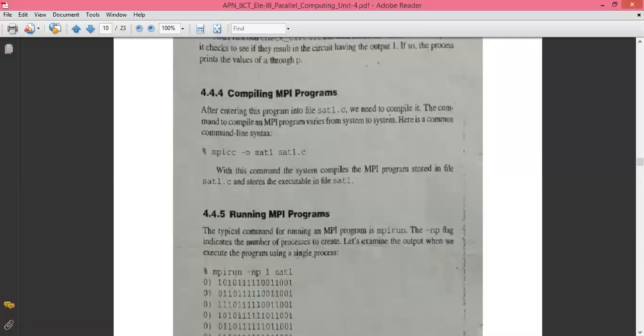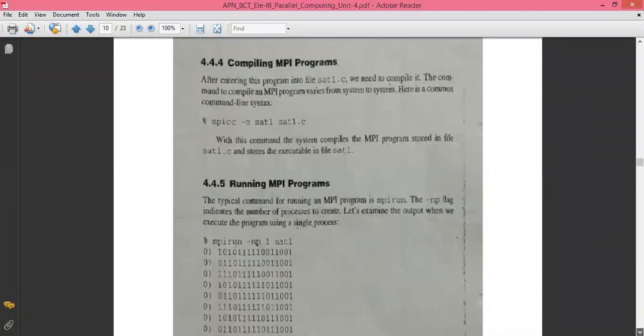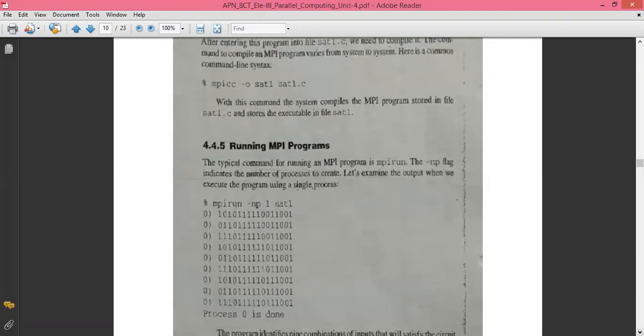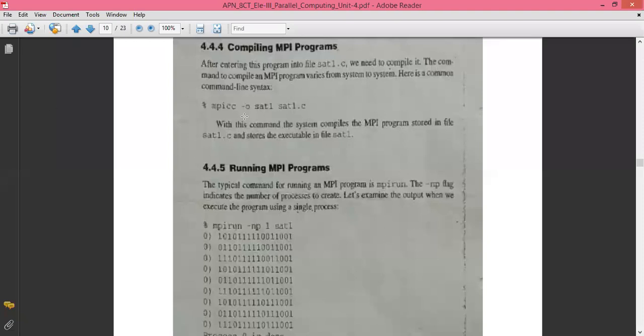Then there is one more command, to execute the program, running an MPI program: mpirun -np, where np stands for number of processes, followed by sat1. Sat1 is the executable file which we mention at the time of program compilation.